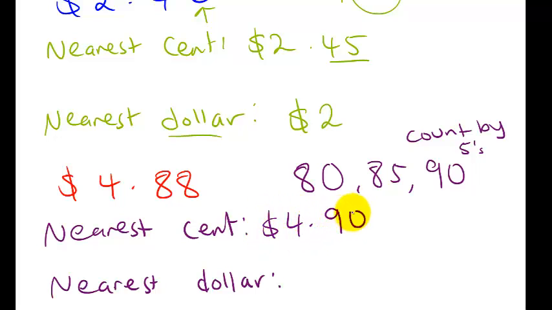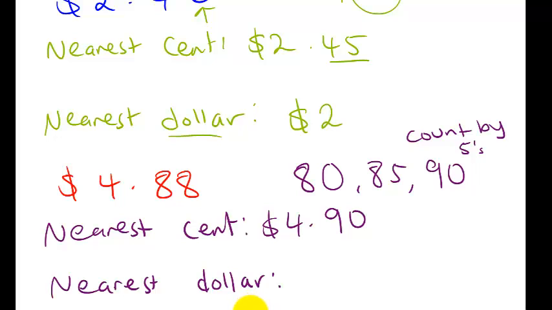Dollar. What do I look for with my nearest dollar? I look for whether it's bigger or smaller than 50 cents. If it's bigger than 50 cents, I go up. If it's smaller than 50 cents, I go down, or keep it the same. And if it's 50 cents, do I go up or down?